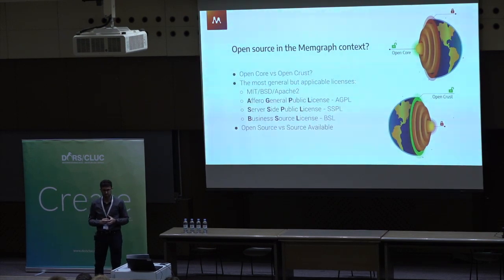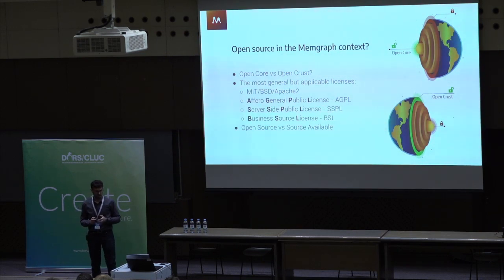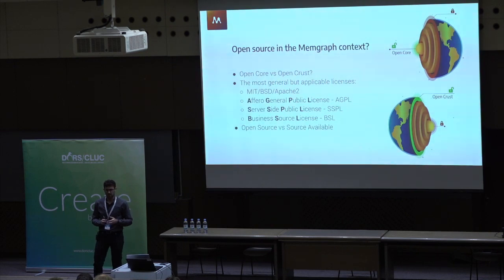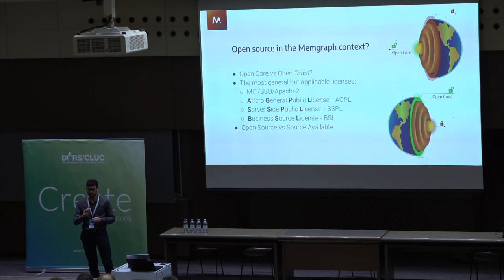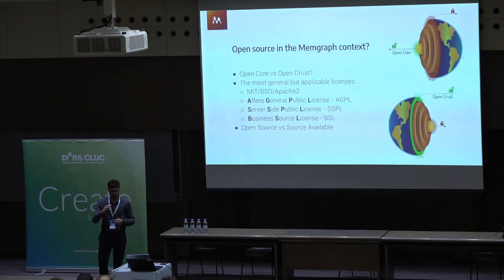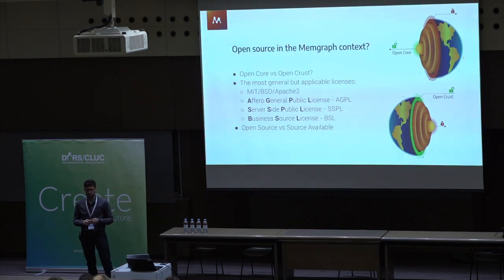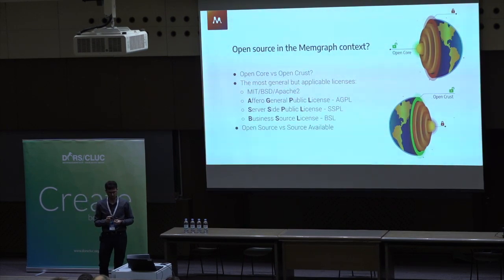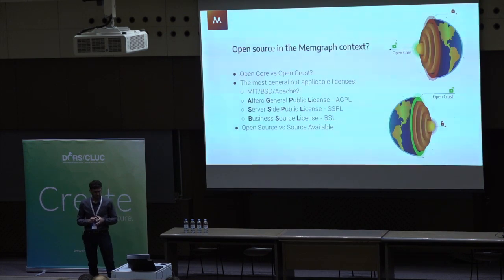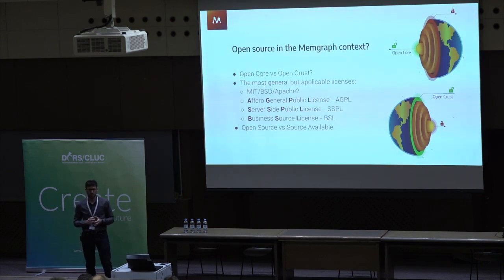First one is AGPL, where if you use software licensed under this license, you actually have to publish all the modifications and additions to that software. You are forced to do that. Then there is also the Server Side Public License defined by Mongo.